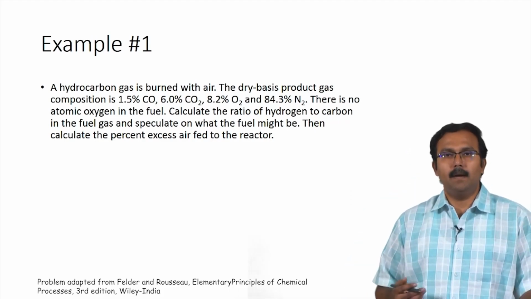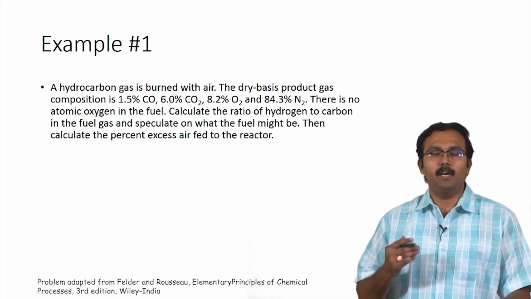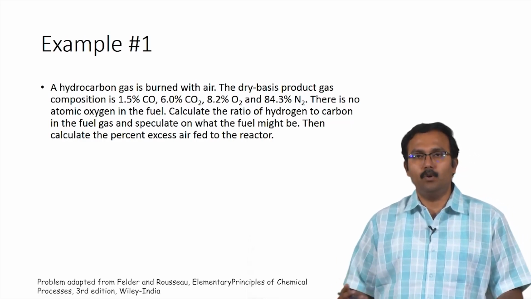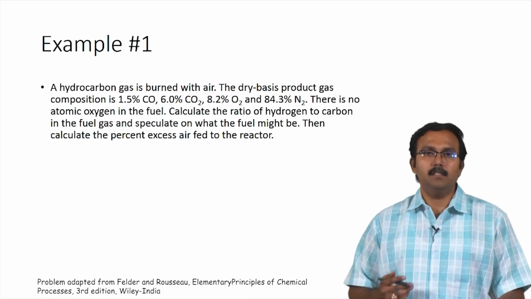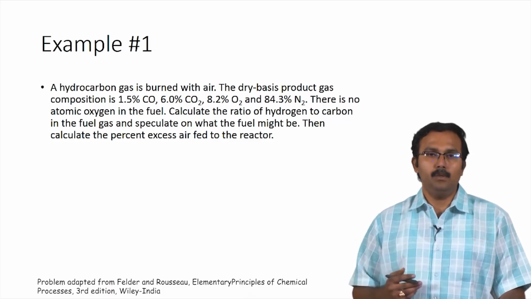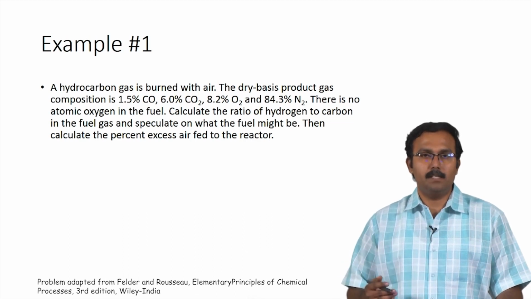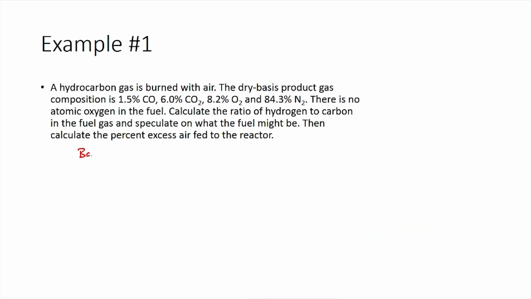Just like any other material balance problem, we will start with assuming a basis. Here the composition of the product gas is known. So this is the dry basis. So based on that we will use the basis for the product gas on a dry basis. So the basis would be 100 moles of dry product gas.